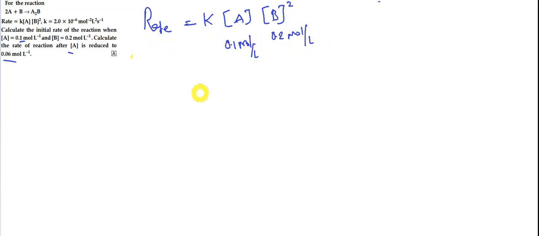And let us substitute in this equation the K value they had given, that is equal to 2.0 into 10 to the power of minus 6. So let us substitute in this equation 2.0, that is 2 into 10 to the power of minus 6, into concentration of A 0.1, into concentration of B 0.2 square, right?